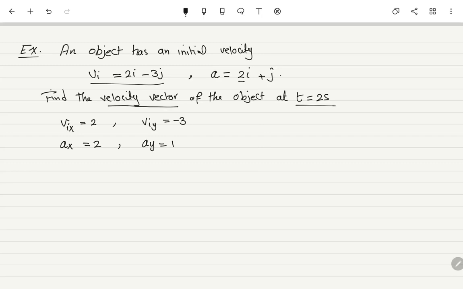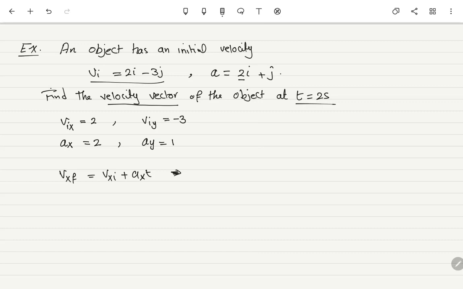Let's use the equation of motion: vx final equals vx initial plus ax t. We substitute t equals 2, v initial x equals 2 and ax equals 2. It is equal to 2 plus 2 multiplied by 2. This is v final x, which equals 6.